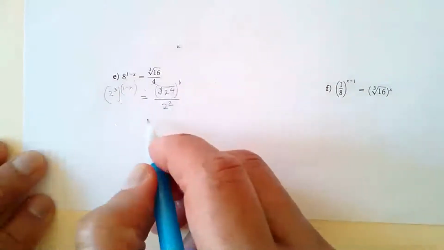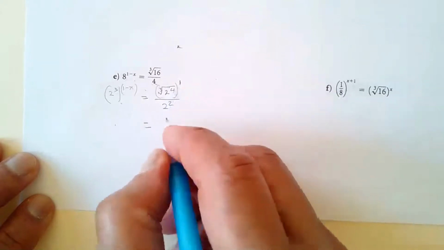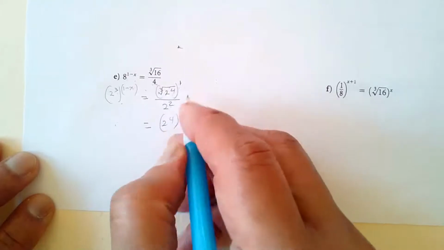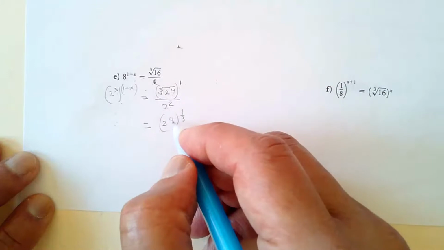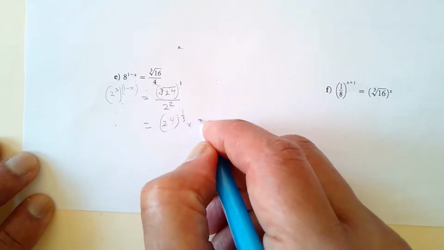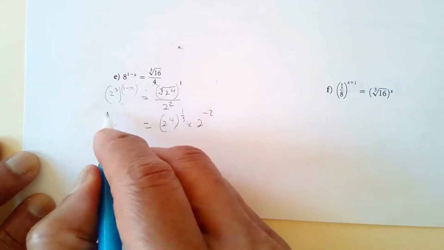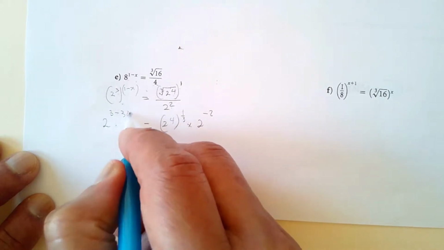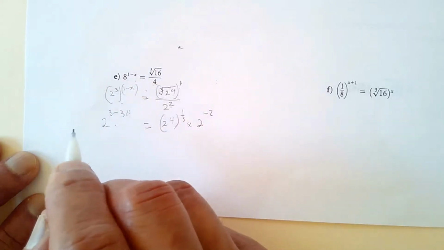Let's change the first part immediately. Now it's 2 to the 4, to the 1/3. So 2 to the power 4, and notice this is 1/3. You could also jump right away and say it's 4 over 3. That's fine. Now this is multiplied by 2 to the negative 2. I'm using the negative exponent rule here. And this becomes 2 to the power of 3 minus 3x, because 3 times 1 is 3 and 3 times negative x is negative 3x.